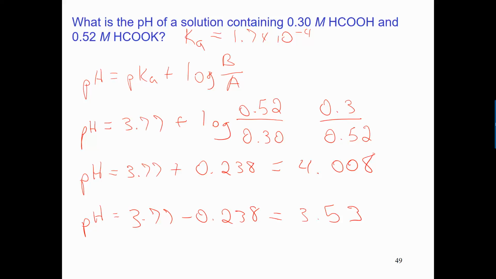Everything is going to have to re-equilibrate so that it will equal that 1.7 times 10 negative 4 again.